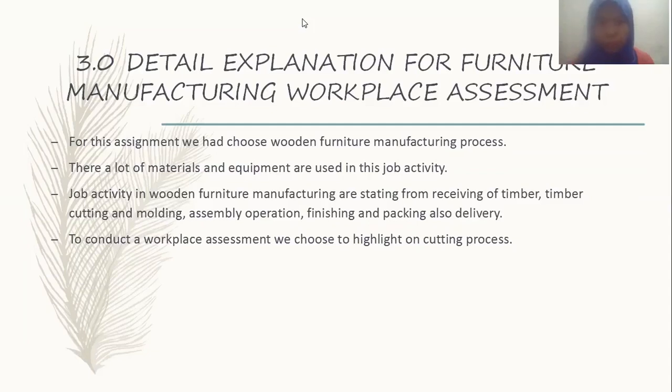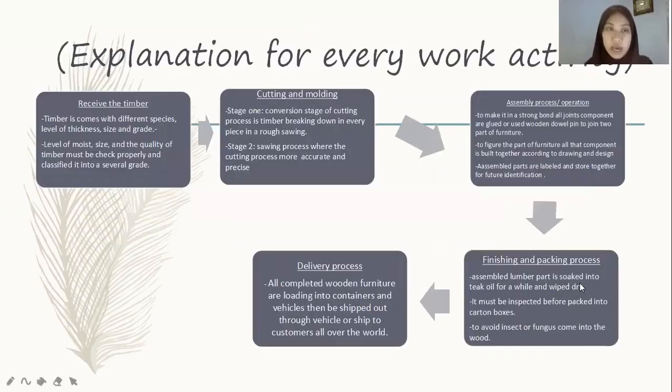The job activities in wooden furniture manufacturing start from receiving of timber, cutting and molding, assembly operation, finishing and packing, and delivery of furniture. To conduct a workplace assessment, we chose to highlight the cutting process. And here is the explanation for every work activity in furniture manufacturing.